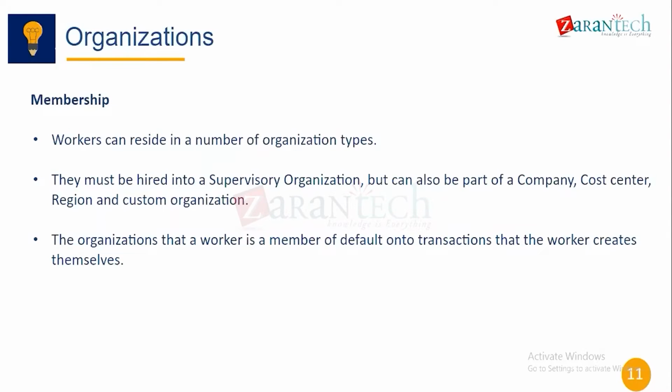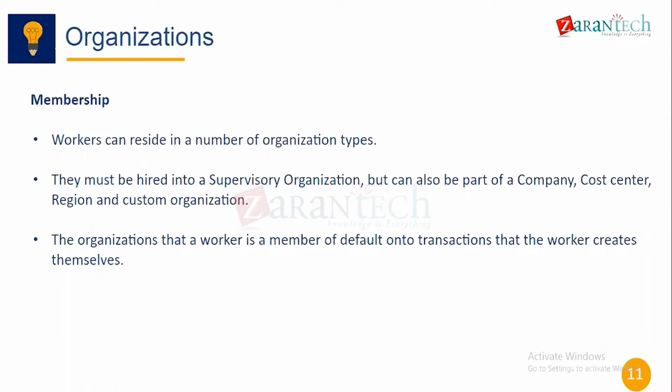We will discuss one more concept, that is membership. Membership means that a worker can reside in a number of organization types. They must be hired into a supervisory organization, but can also be part of a company, cost center, region, and customer organization. As we discussed last session, a supervisory organization is created to hire employees into your organization.